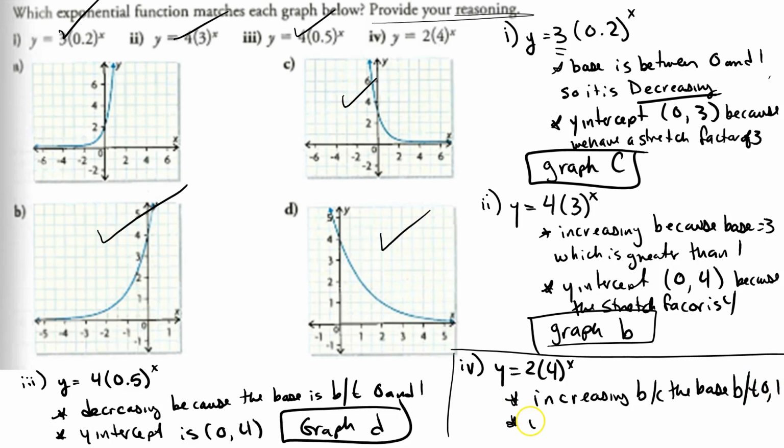And we know the y-intercept is at (0, 2) because the stretch factor is 2. So that means that we have graph A. Because when we look at it, we know it's increasing, and look at that, y-intercept at 2.